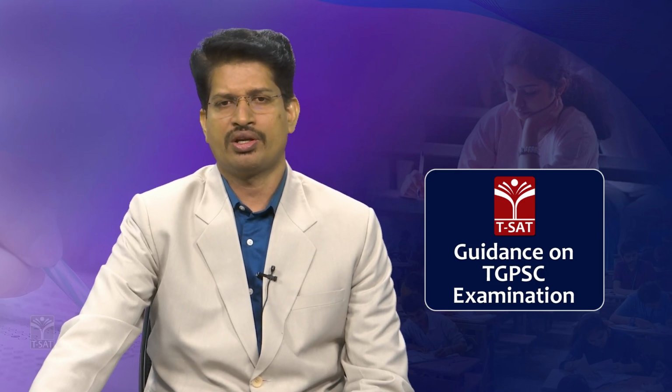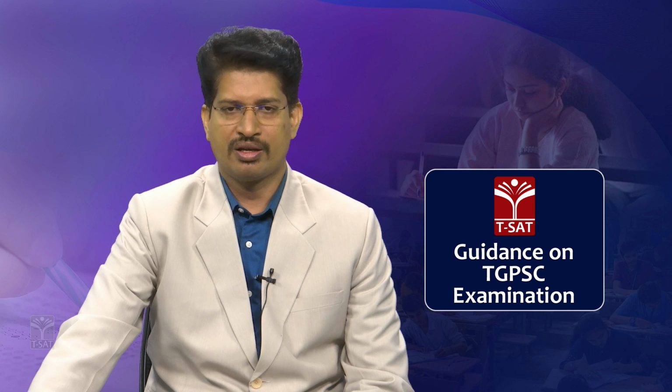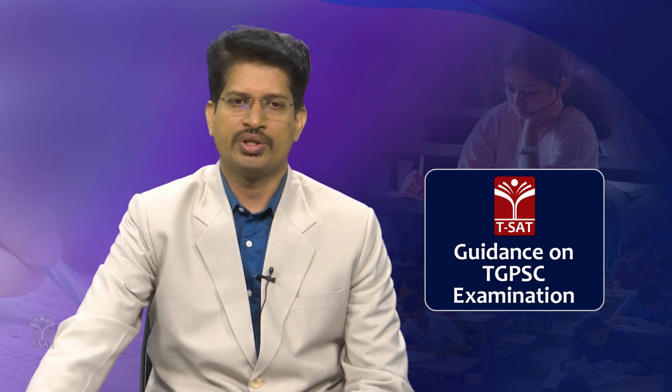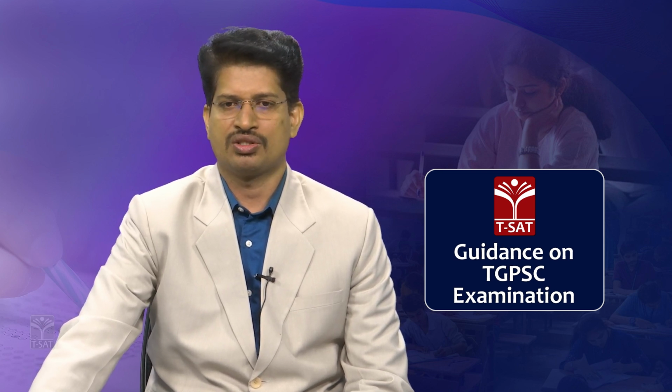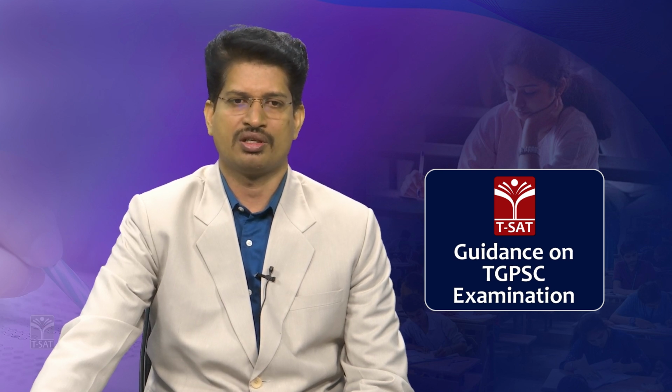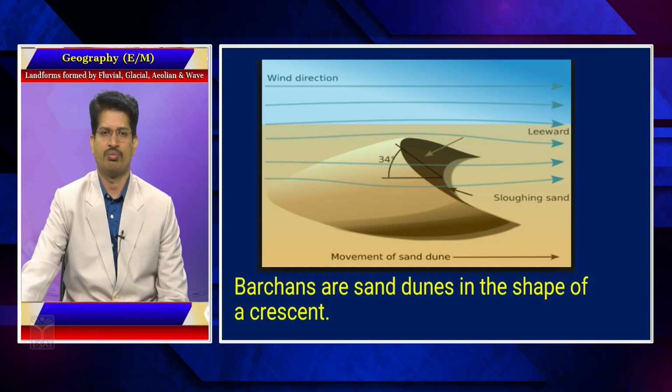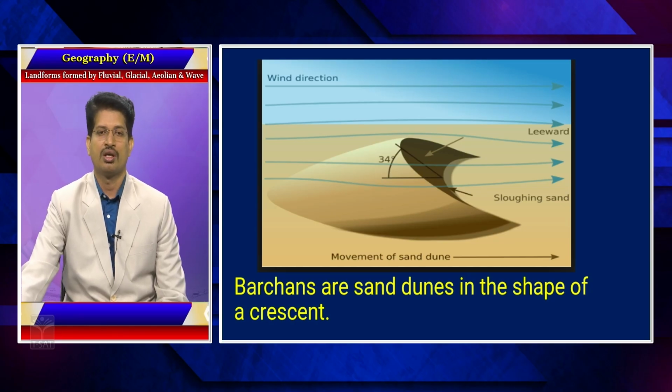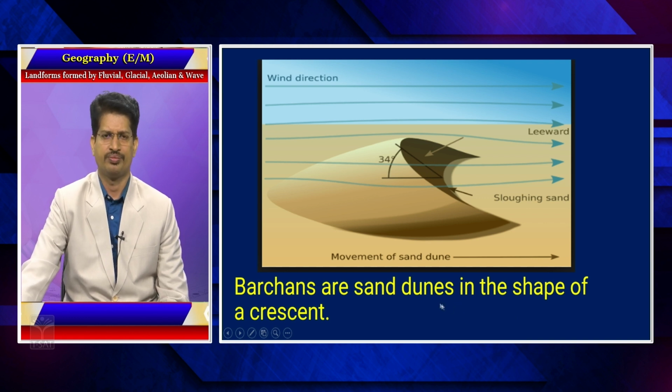In a region where there is more sand, we have barchans. Barchans are crescent-shaped sand dunes, formed in a desert dominated by sand.